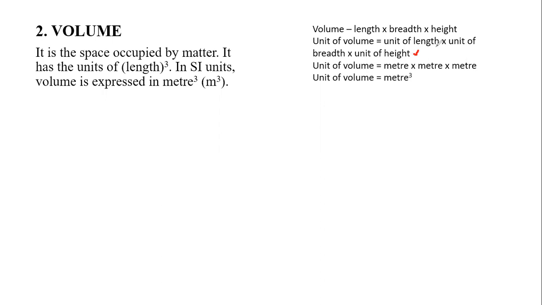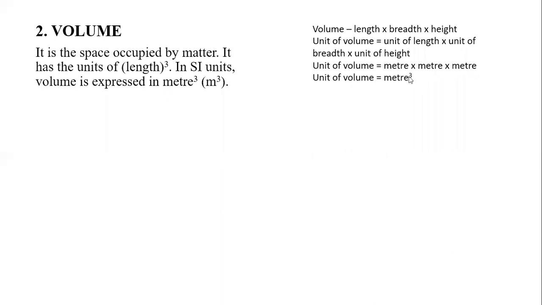And all three quantities are measured in meter. So meter multiplied by meter multiplied by meter will be meter cube. So we can say the SI unit of volume is meter cube.